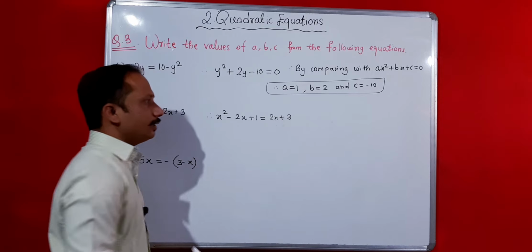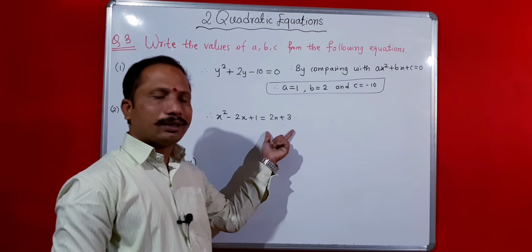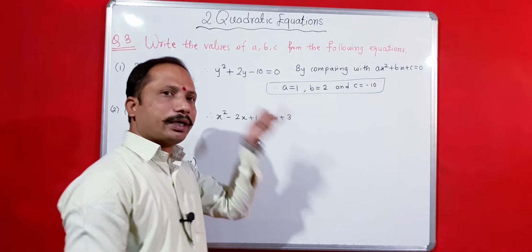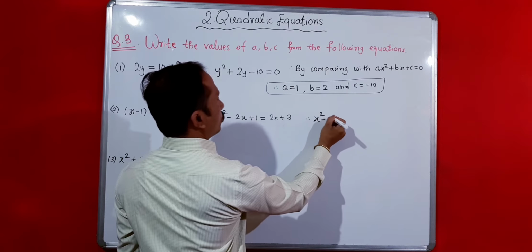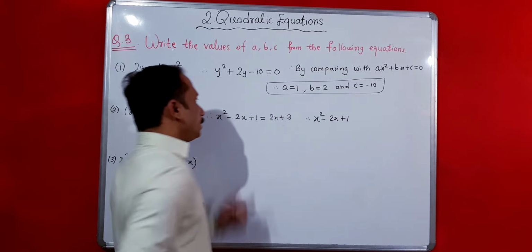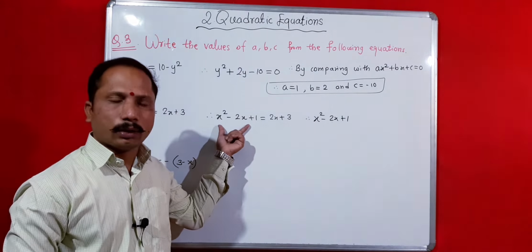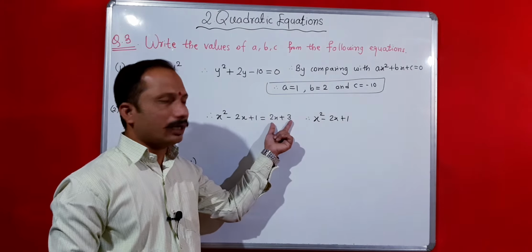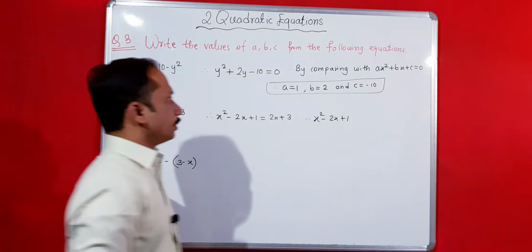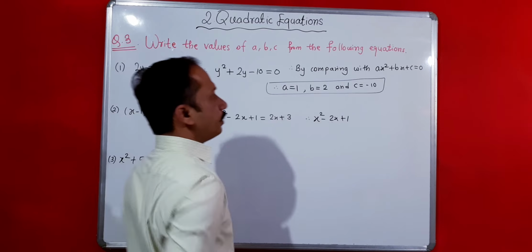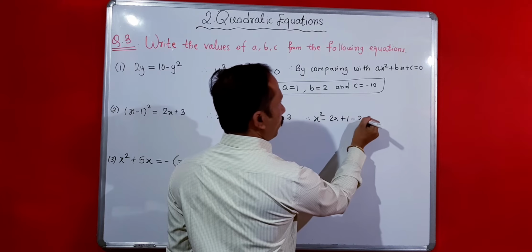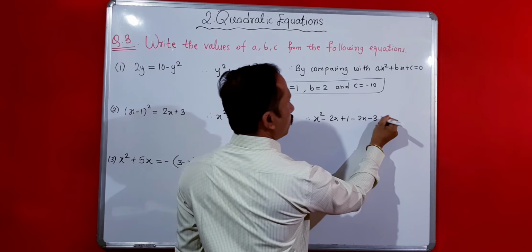Now this 2x plus 3 is on the RHS, we will take it to the LHS. Therefore I will write x square minus 2x plus 1. This statement remains as it is, because we are going to take only the RHS statement to the LHS. Plus 2x becomes minus 2x, and plus 3 becomes minus 3, so it is minus 2x minus 3 is equal to 0.